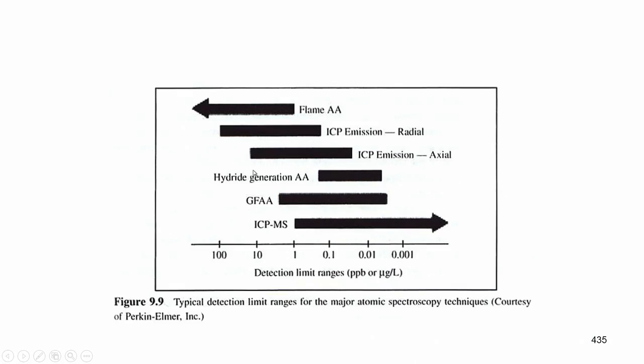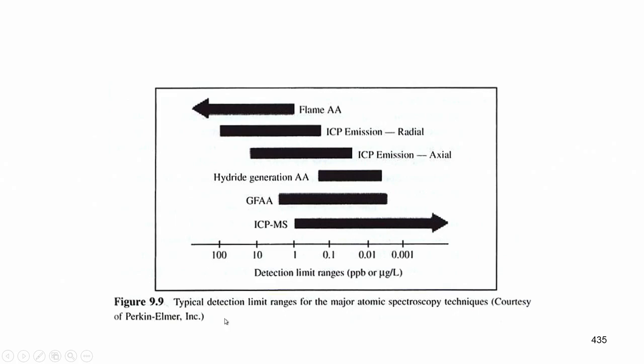Now, this is the slide I wanted to show you, the flame detection limit ranges. For flame atomic absorption, the minimum you can go is about 1 ppb, and up to 100 ppb you can work.